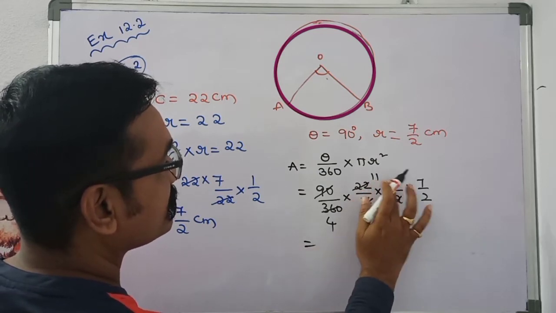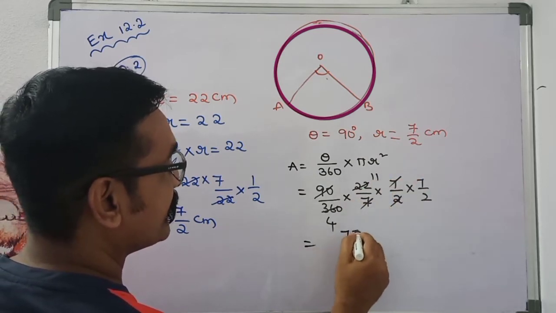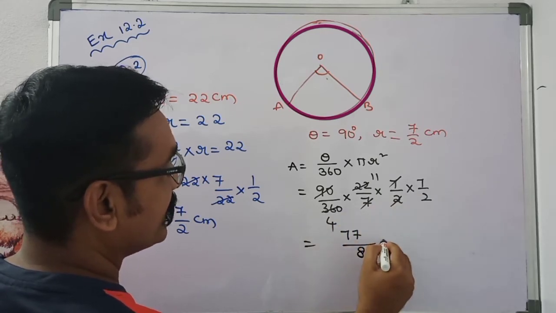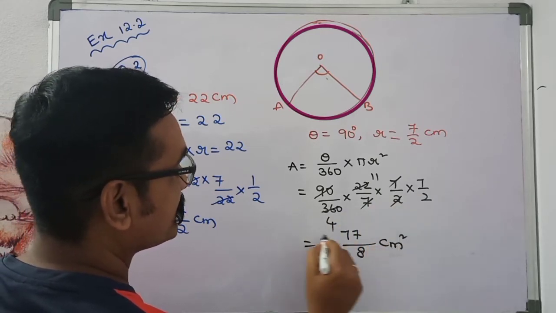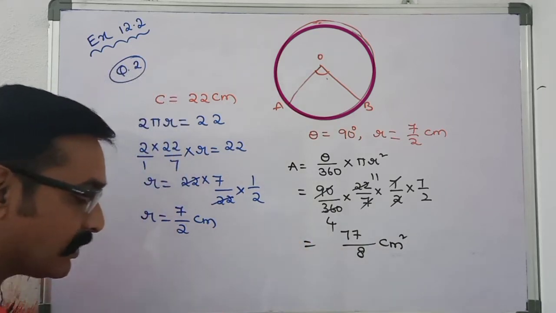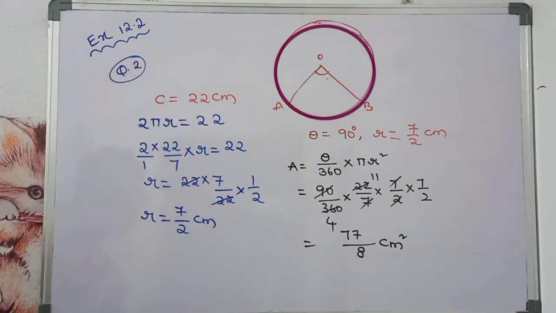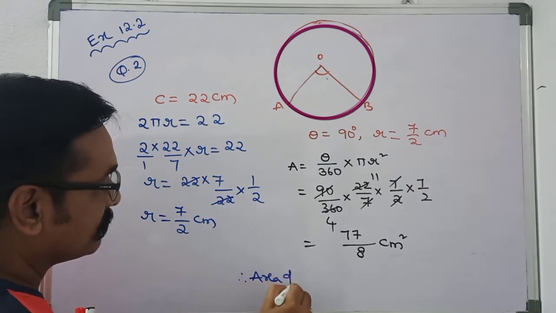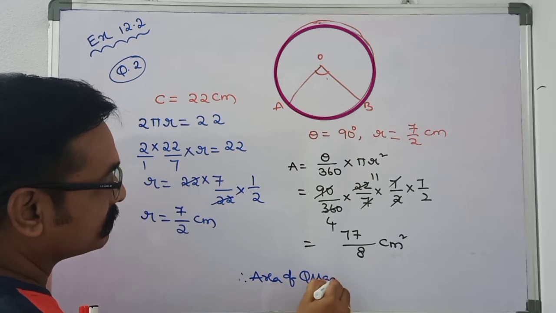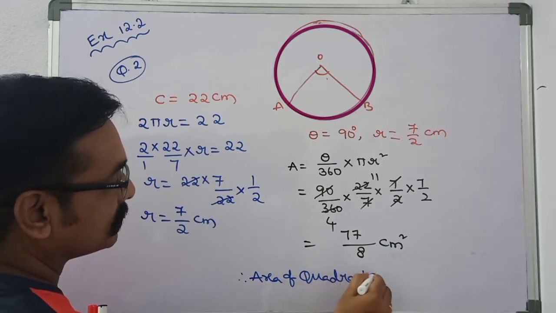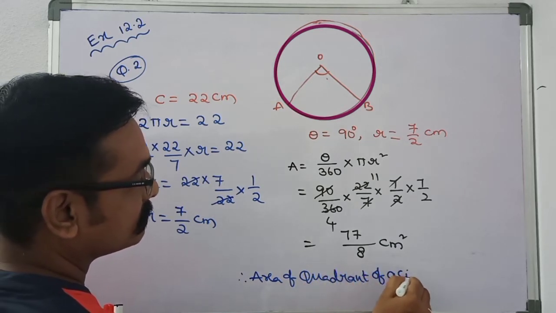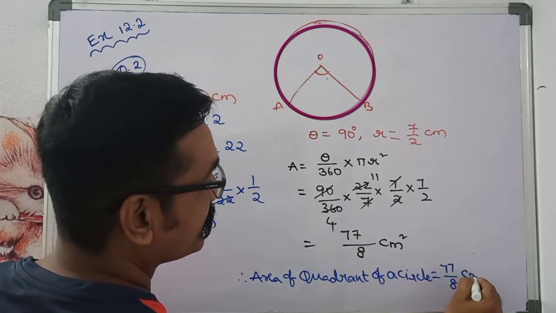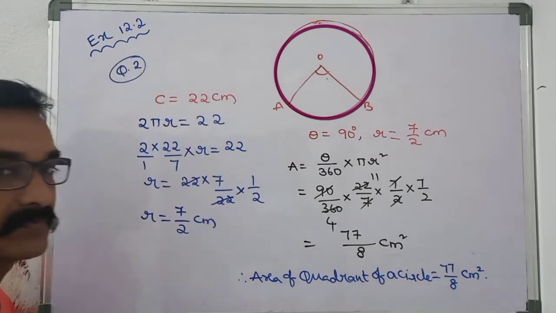Now the numerator is 11 into 7, which is 77, and the denominator is 4 twos, which is 8. So 77 by 8 centimeter square. Therefore, the area of the quadrant of a circle equals 77 by 8 centimeter square.